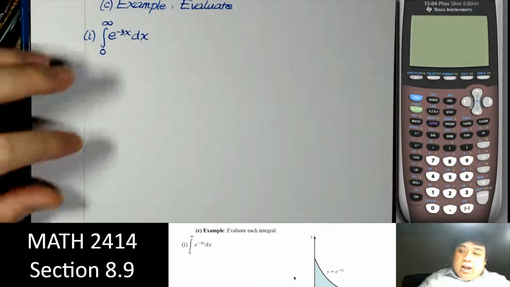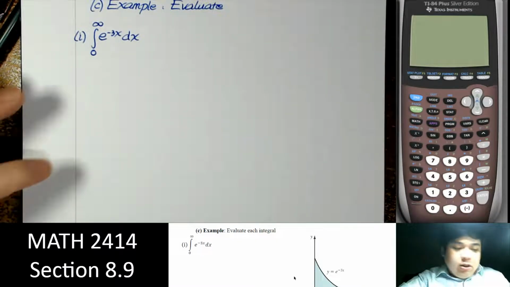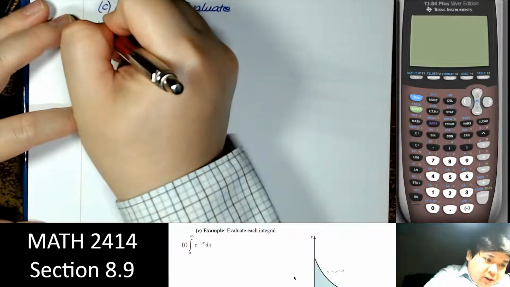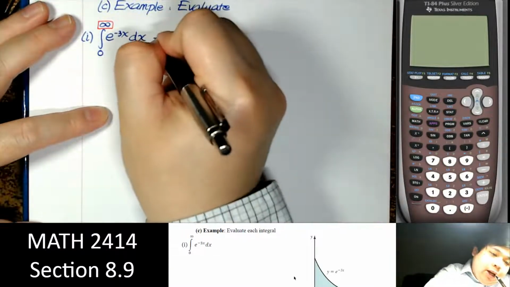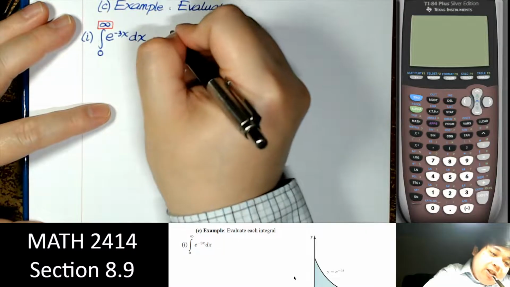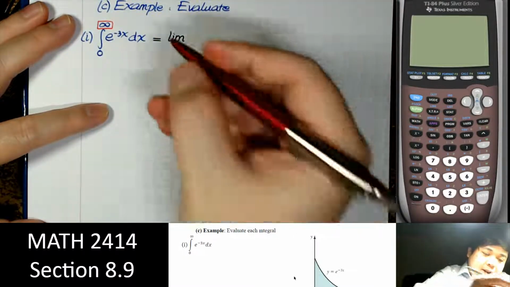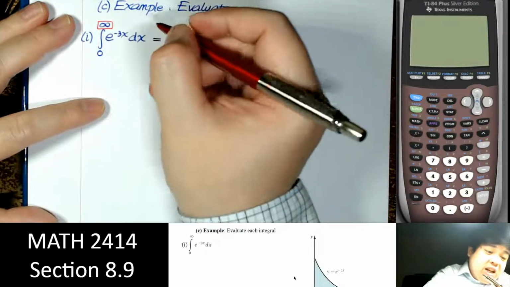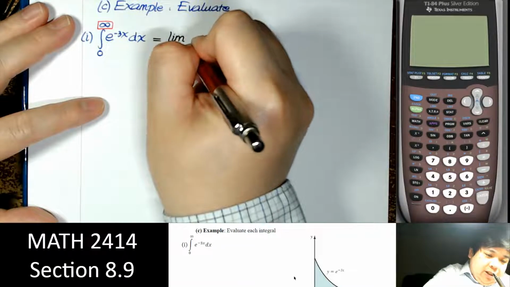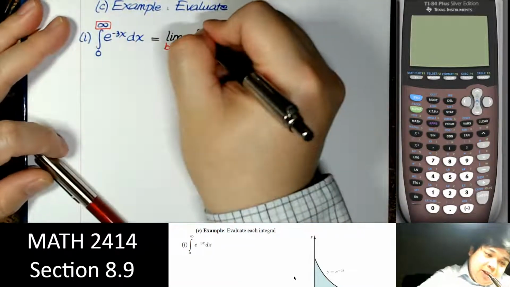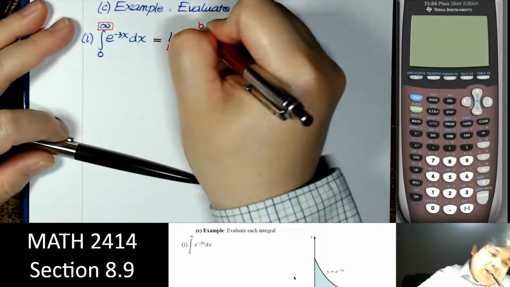So first thing we say, the problem is at infinity here. So we have to fix that. And we just state an upper limit. Let's use b for the upper limit. Now we use b instead of infinity.